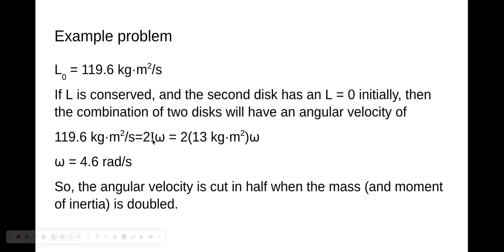But now, since they're identical, we're going to have twice the moment of inertia times the angular velocity, but our angular velocity has to change. And so it's going to go down to 4.6, which is half of 9.2. The moment of inertia doubled, so the speed was cut in half.